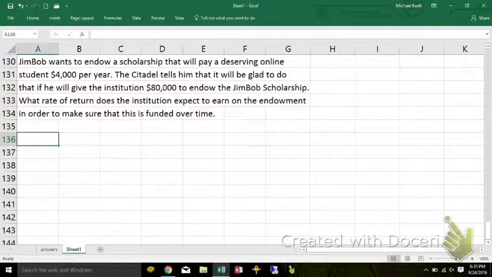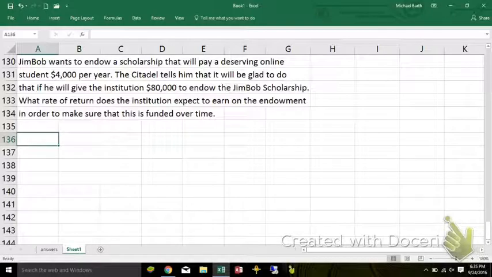They typically guarantee a 5% rate of return. They earn more than 5%, but what they pay out is 5%. So if they can earn 8% on the endowed funds, they take 5% of the earnings, pay the scholarship to the deserving student, and then keep the rest or use it for something else.